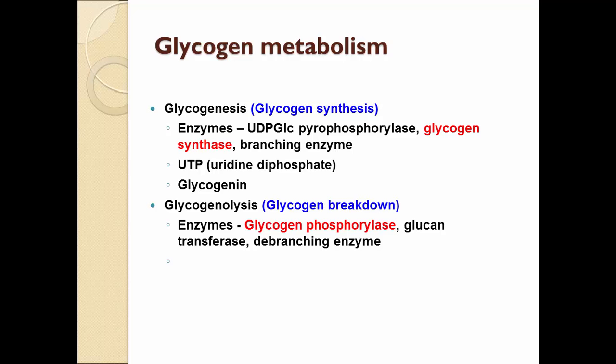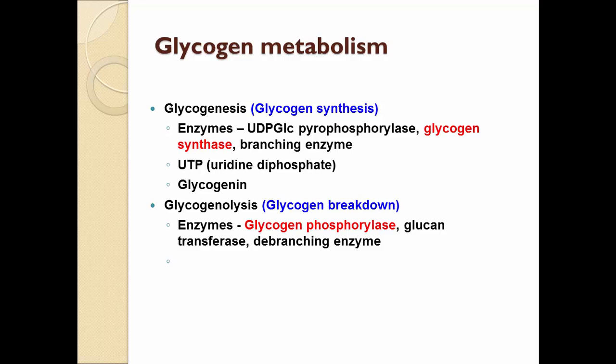And glycogen metabolism involves enzymes. First of all, glycogenesis, also the glycogen synthesis, the same pathway, just named differently. So the glycogen synthesis pathway involves three enzymes, like UDP-glucose phosphorylase, right?